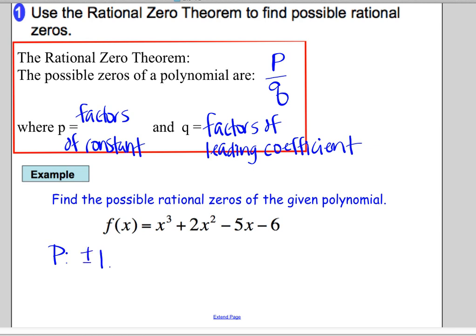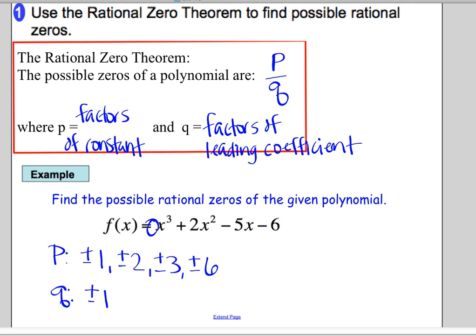That will be plus or minus 1, 2, 3, and 6. In this case, our q is just 1, because the 1 is the number in front of the highest exponent. So the only factors of 1 are plus and minus 1.